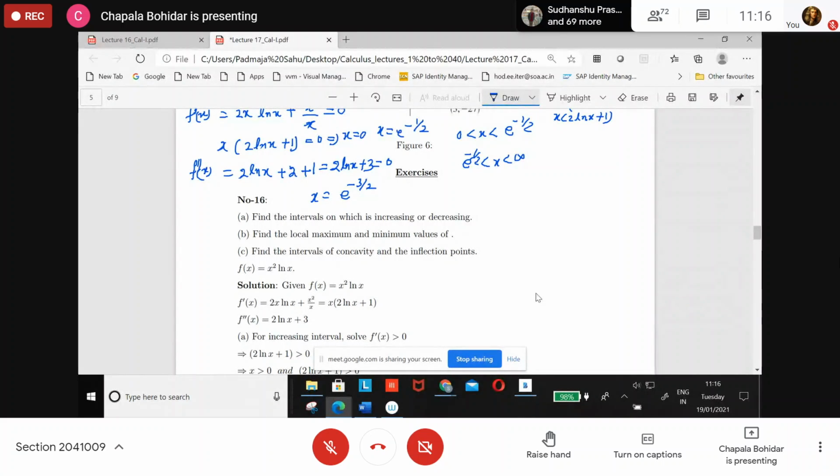For 0 to this value, all the values you are getting, is it positive or not?